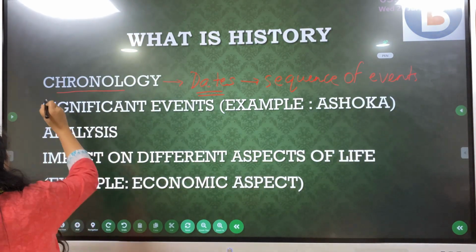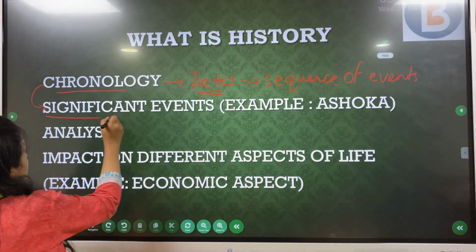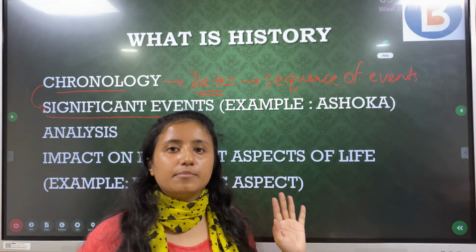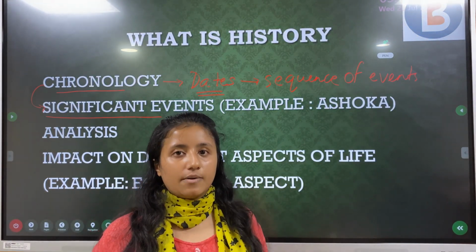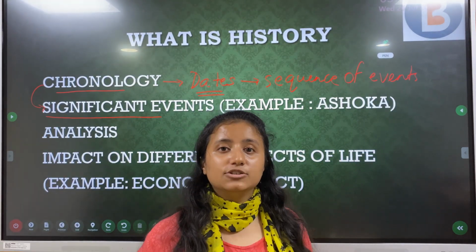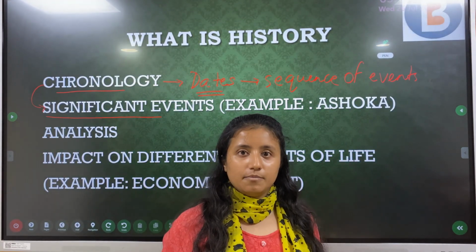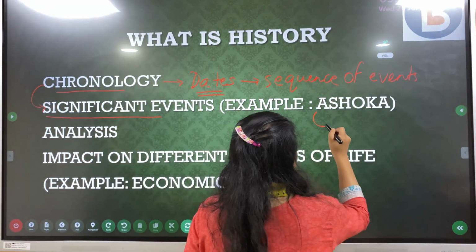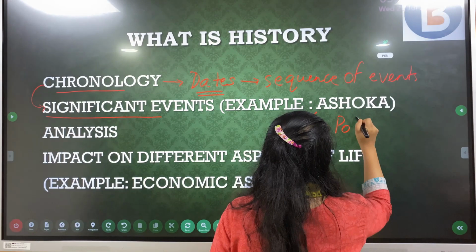Then, chronology of significant events. Now, what do significant events mean? Suppose we take the example of Emperor Ashoka. What Emperor Ashoka ate for breakfast, lunch, dinner, that is also an event. But we don't need that. We need to understand Ashoka's policy of Dhamma.